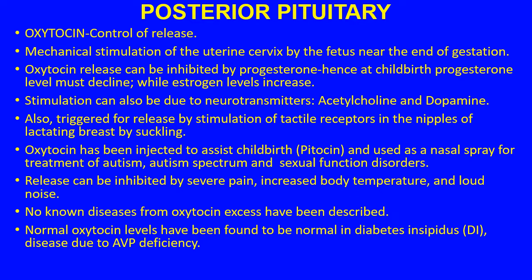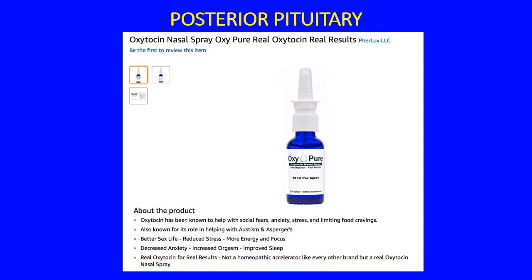And we'll just continue. Here's a model, as you can see. Oxytocin, nasal spray. Now, when they start putting down real results and all that, I kind of get a little squeamish and going, well, maybe it's a little bit pseudo whatever, but it has been available.